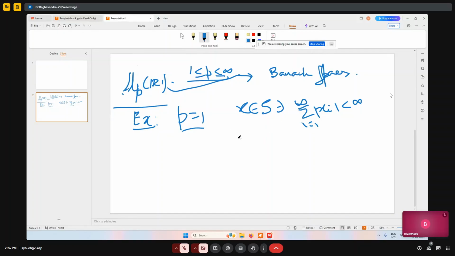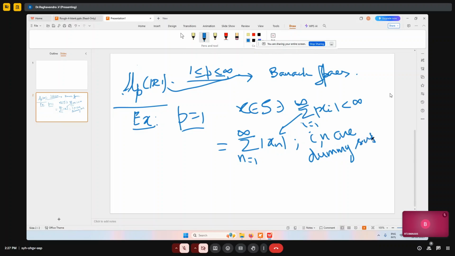This can also be written as summation mod x_n, n equal to 1 to infinity, or as x_m. So these indices are dummy suffixes, can be l or anything.